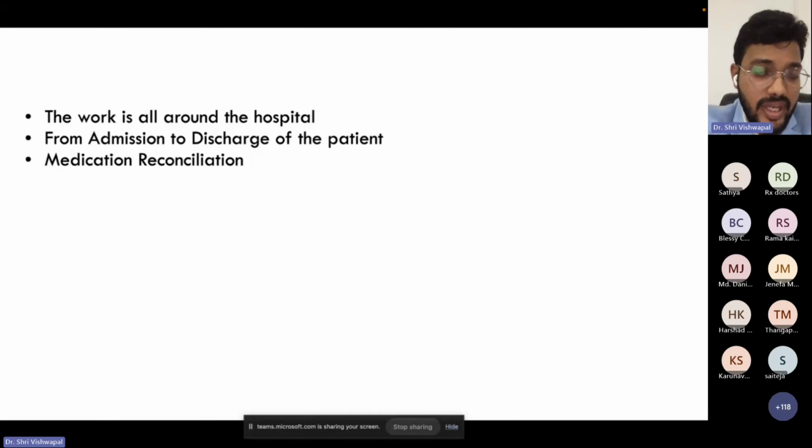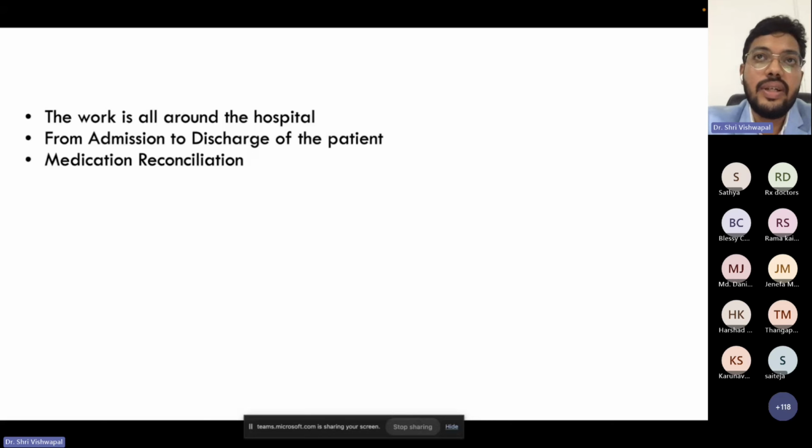At the time of admission, medication reconciliation is very important. I guess you would remember that during the iron deficiency slide, I said decreased absorption is due to some drugs. So if a patient is admitted with anemia, the first thing we have to consider is the past medication history. What is the drug the patient has been on?